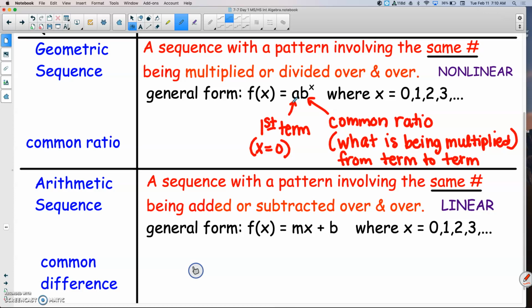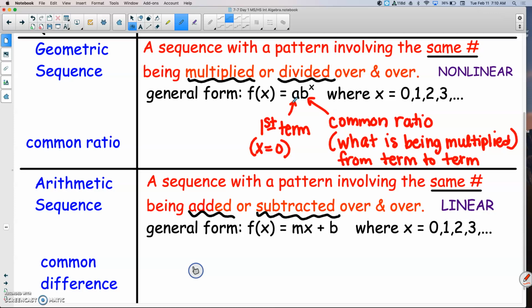All right, then review from back in chapter 3. An arithmetic sequence is a sequence with a pattern involving the same number being added or subtracted. So we have multiplied or divided, that's geometric, added or subtracted, that's arithmetic.